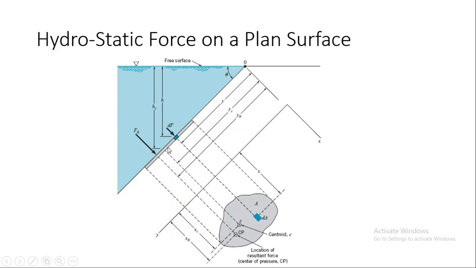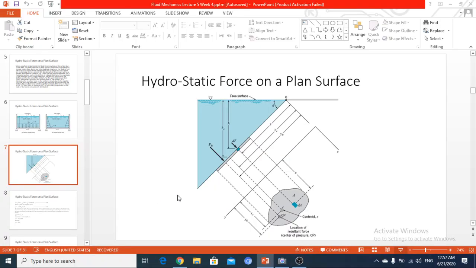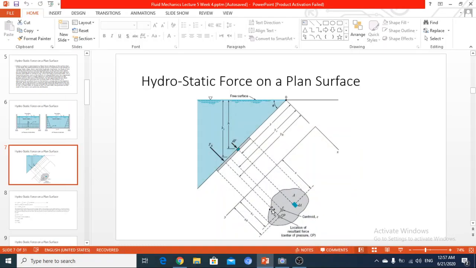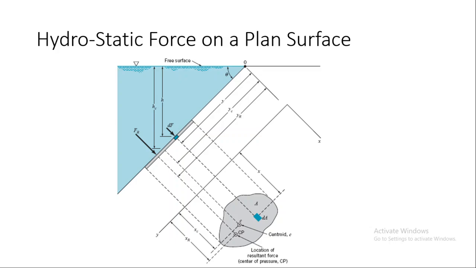On the other hand, this rectangular surface has a center of gravity, at which the whole body weight, our whole body mass, is concentrated. This is the point which we call the center of gravity.